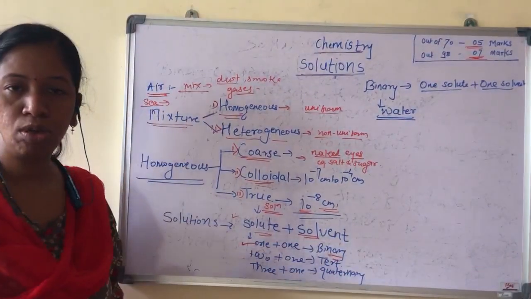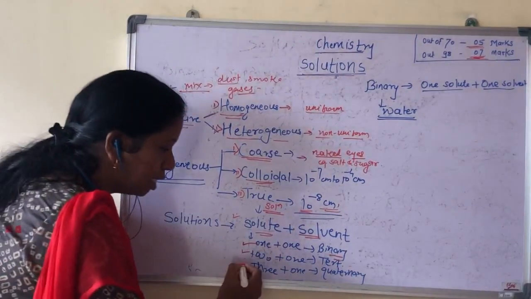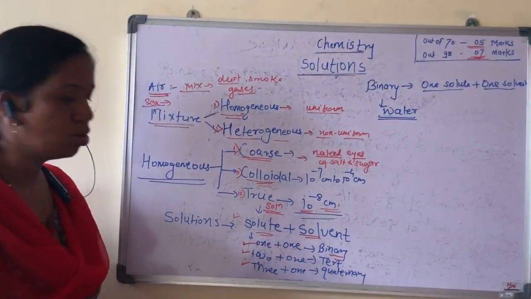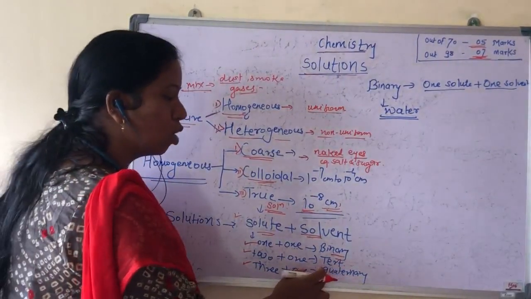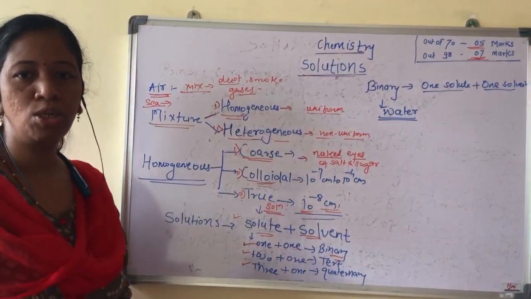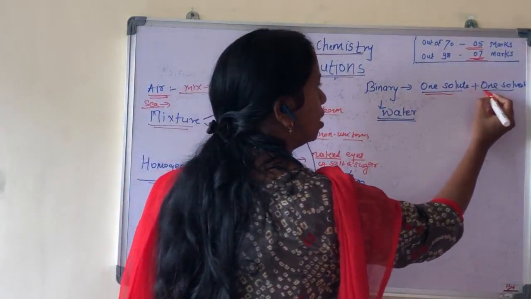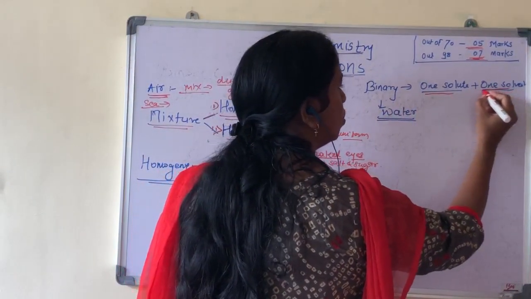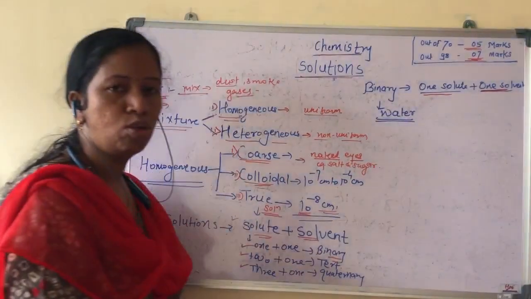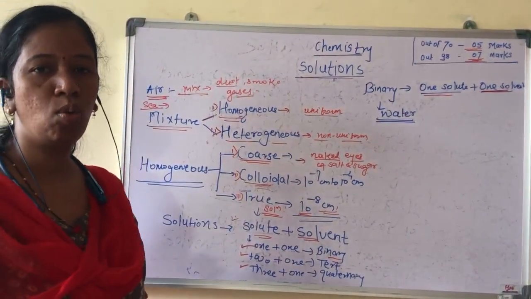If there are two solutes and one solvent, we get a ternary solution, and if there are three solutes and one solvent, we get a quaternary solution. In this chapter mostly we are going to see binary solutions, consisting of one solute and one solvent, and in most cases the solvent is water.